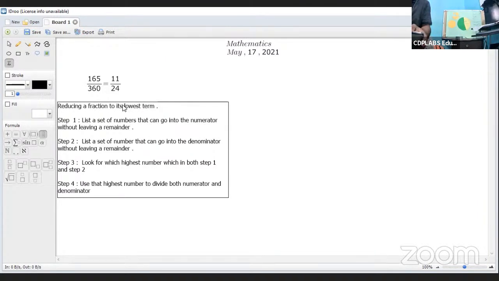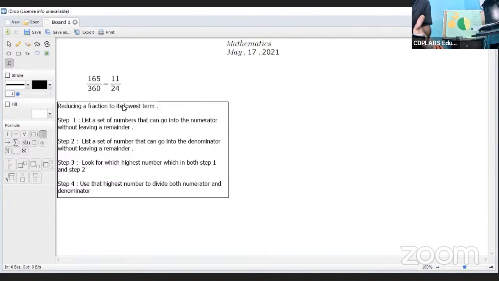Let's say 3 can go into it. 165 divided by 3. Yes, 3 can go into it 55 times. Can 4 go into it without leaving a remainder? No. 5, yes, 33 times.